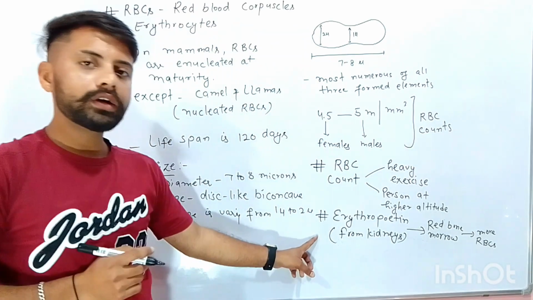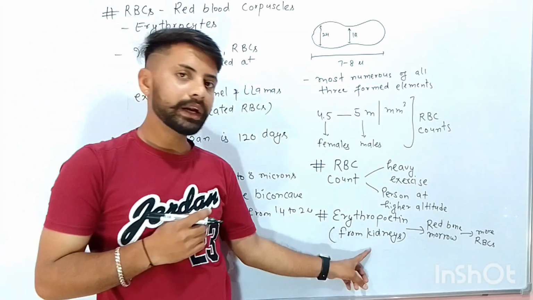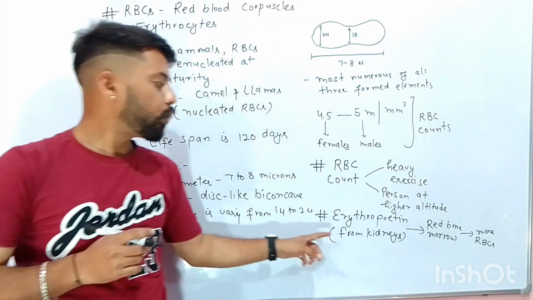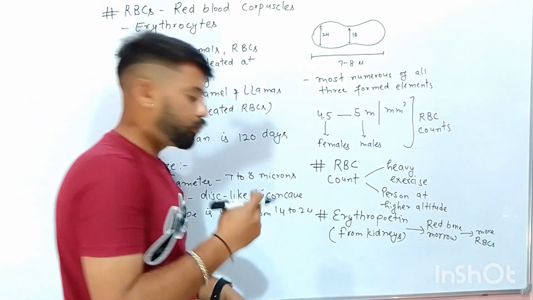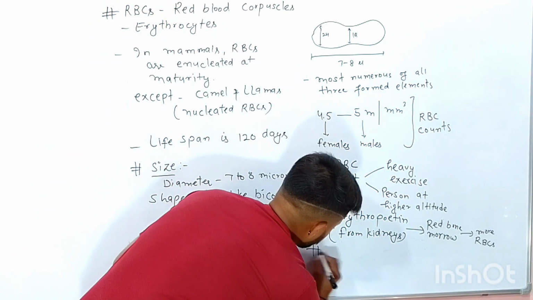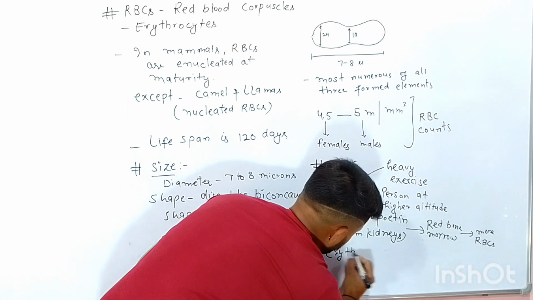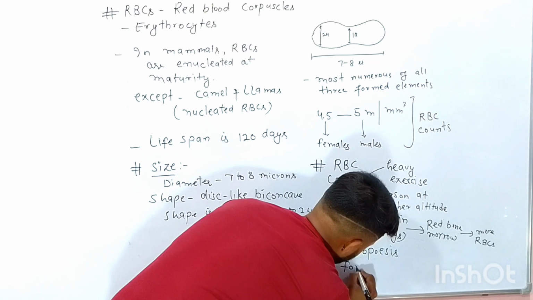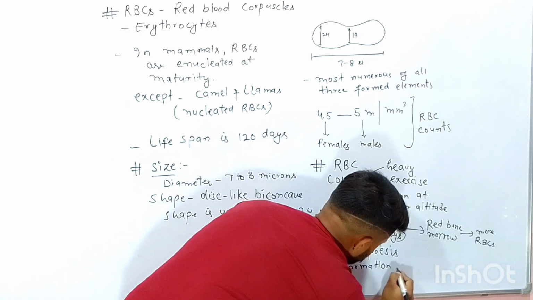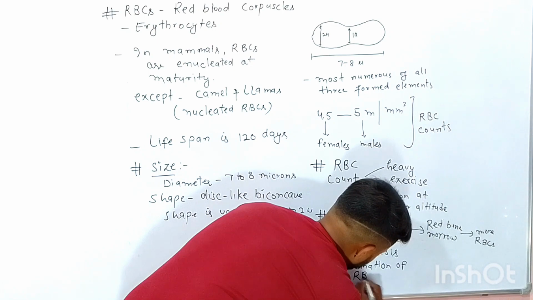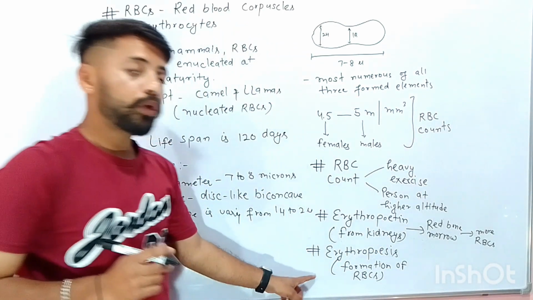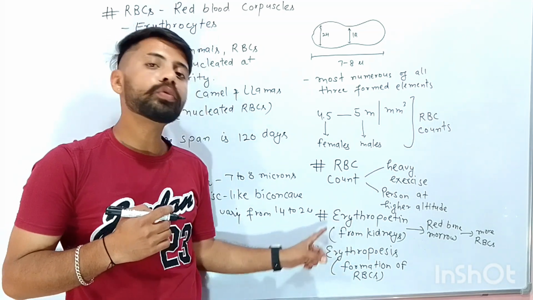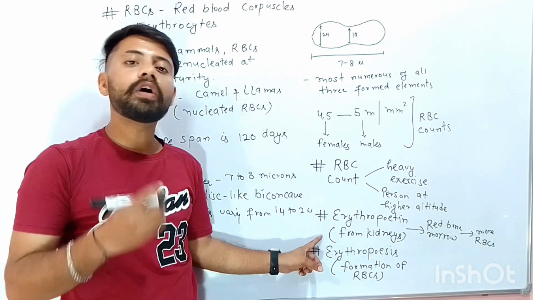So erythropoietin is the chemical which is released by the kidneys, and it triggers the red bone marrow to form more RBCs, and this formation of RBCs is known as erythropoiesis. So the process of formation of RBCs is known as erythropoiesis, whereas erythropoietin is the chemical which stimulates the formation of RBCs.